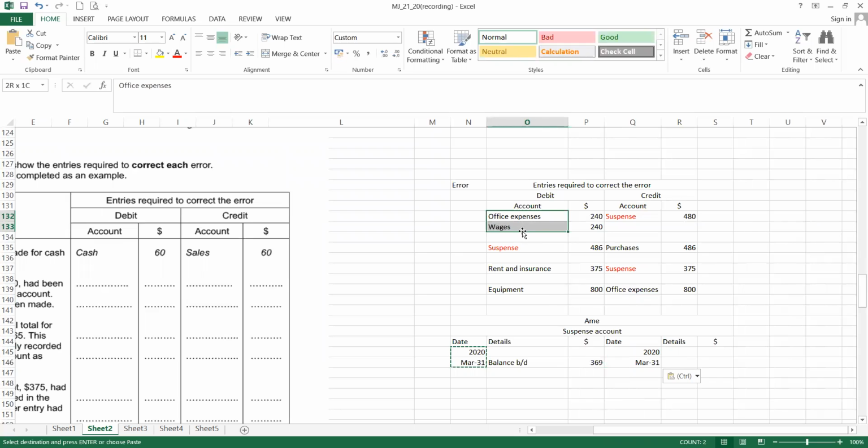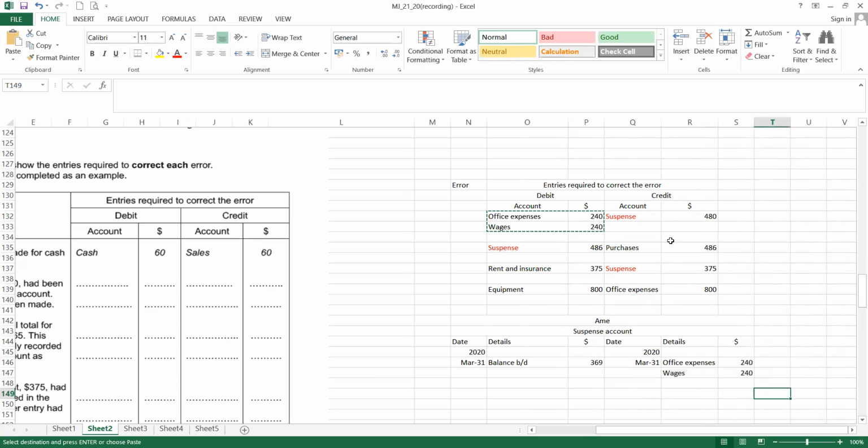These two amounts will be in the credit because of the double entry concept. So here credit, but in the detail we write the opposite account. Same thing here, suspense is in the debit. So we record in the debit here, and in the detail we take the opposite account, 486.